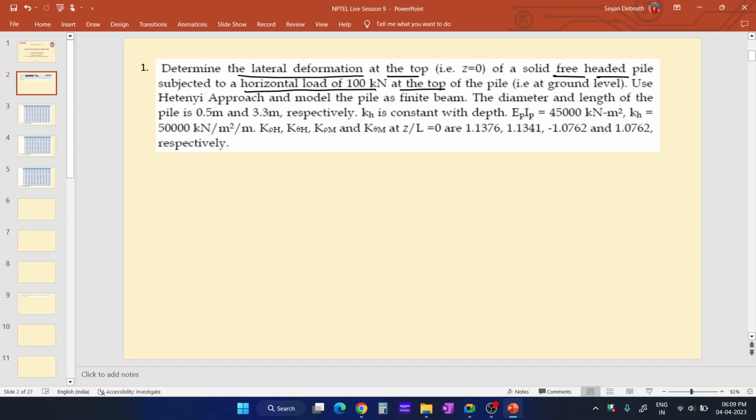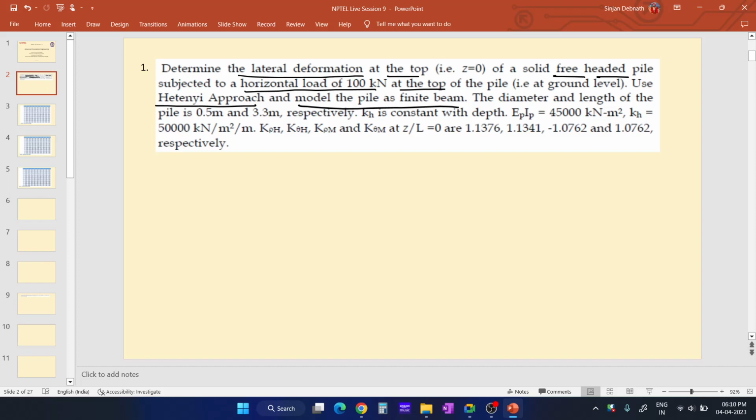We need to use the Hetenyi approach, and we have been asked to model the pile as a finite beam. In the Hetenyi approach, the pile is considered to be a beam; it is an analytical solution.